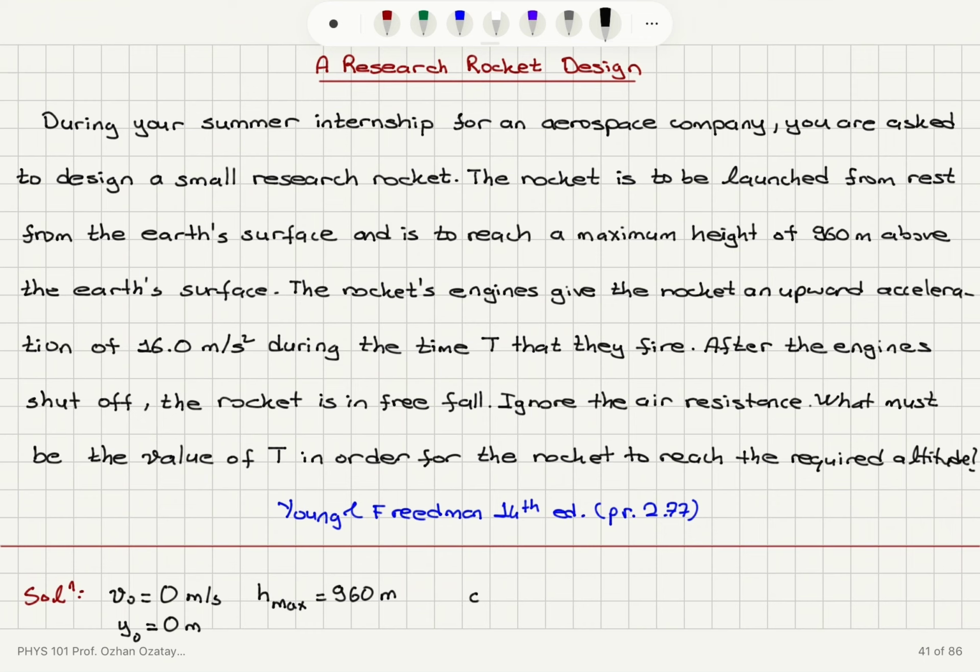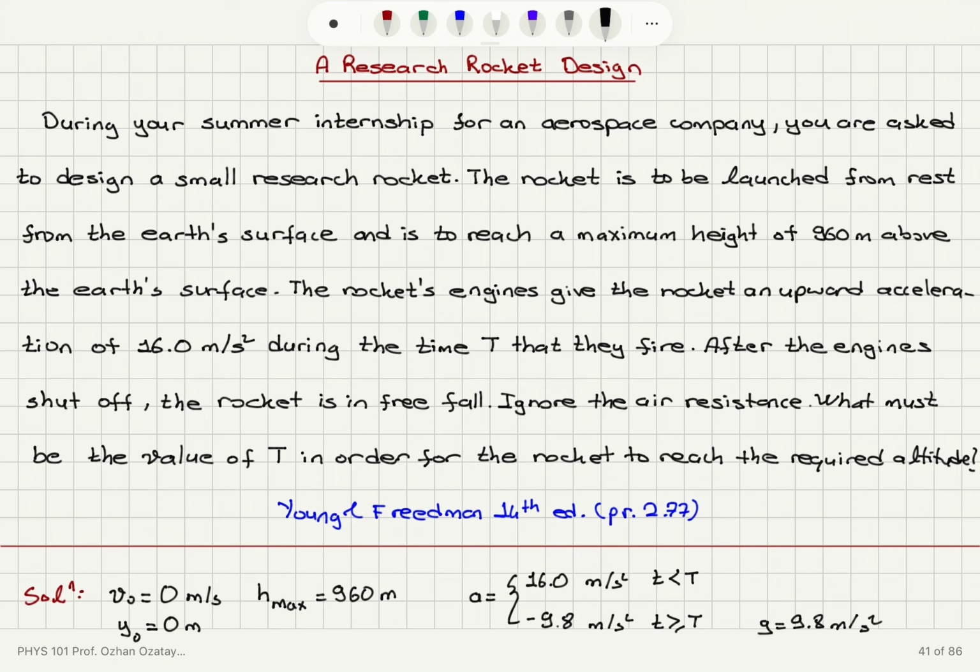The acceleration will be 16.0 meters per second squared for time t less than T, and it will be the free fall acceleration minus 9.8 meters per second squared for t greater or equal to T. So we have gravitational acceleration g, 9.8 meters per second squared.